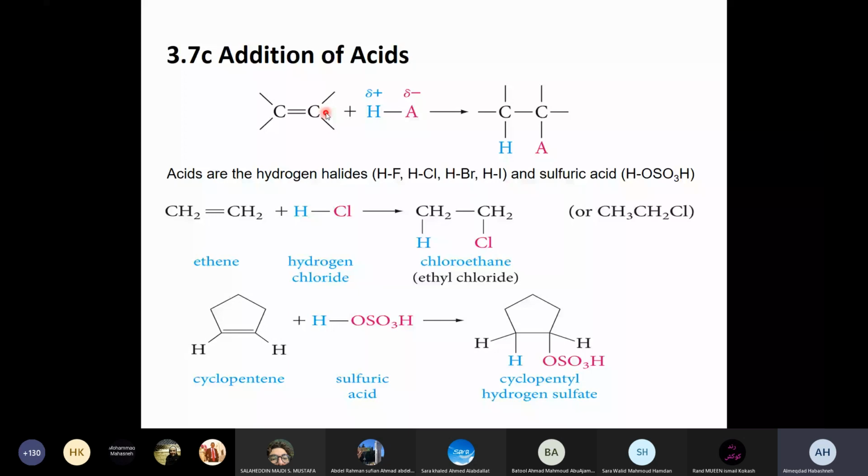Now, the conjugate base of HCl is Cl. The H is added to one of the carbons and the Cl is added to the second carbon. For H2SO4, H is added to one of the carbons and the OSO3H is added to the second carbon.